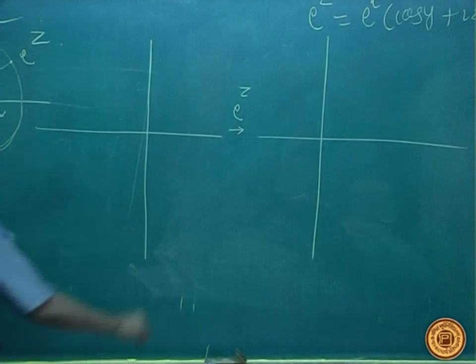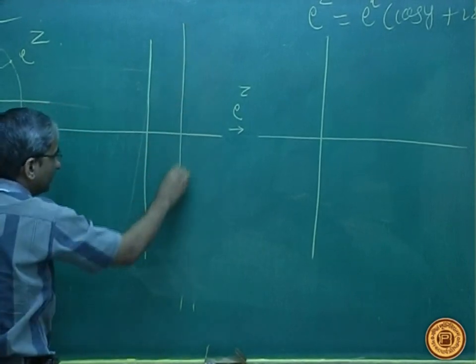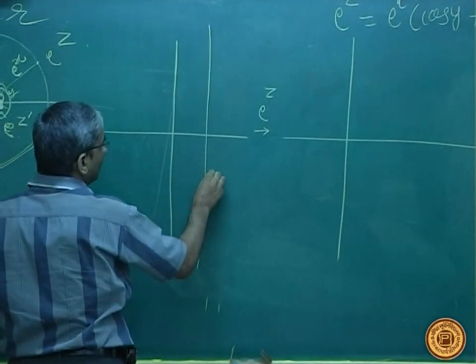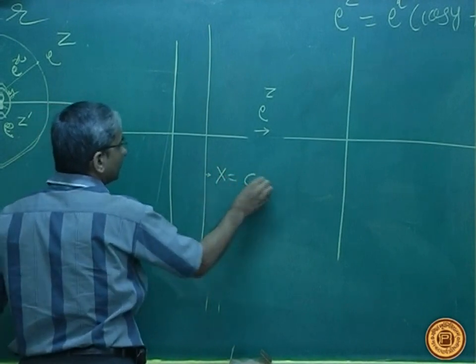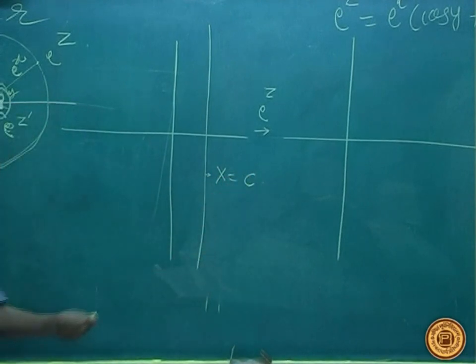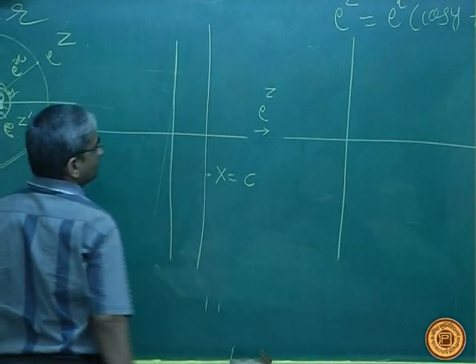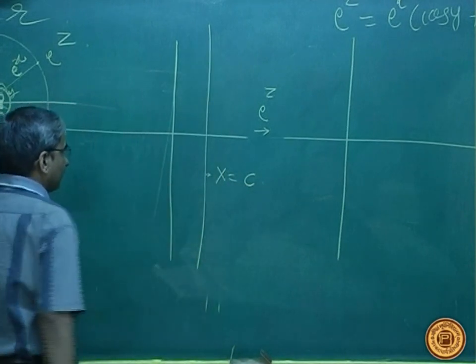Now let me take a straight line parallel to the y-axis. So suppose I take this straight line. A line parallel to the y-axis is of the form, say, x equal to c. So every point on this straight line has x coordinate c. So the x coordinate is constant and y is changing.